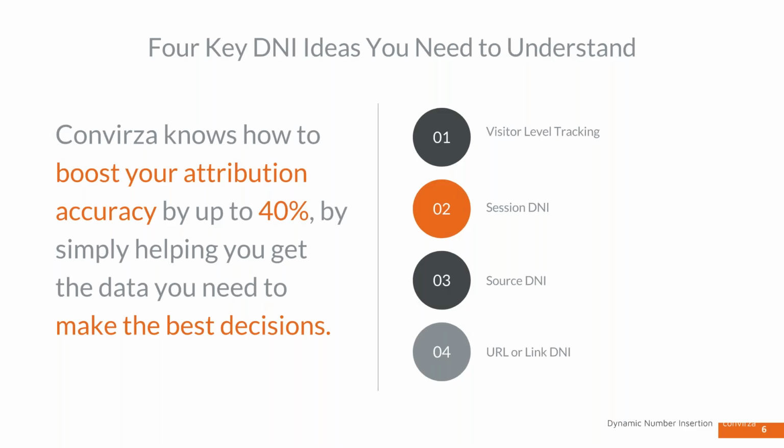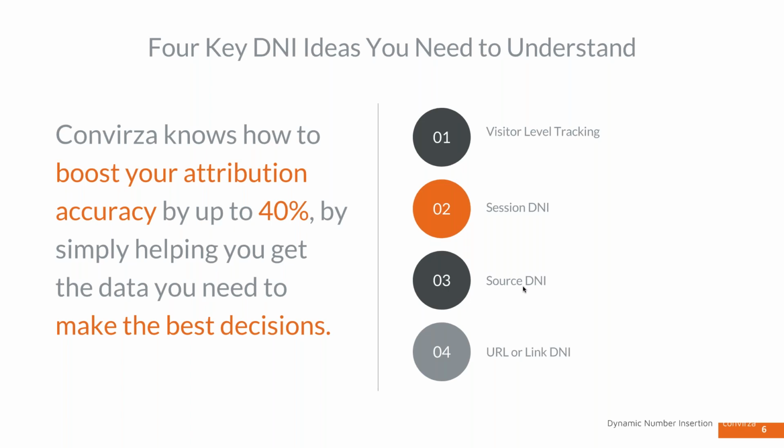The different things that you can do with DNI is there's kind of 4 different types of DNI that you can implement and swap numbers out on. So one is visitor level tracking, which I'll be specifically talking about today and give you more details. The more common type that probably most people are familiar with is source DNI. What source DNI does is it's just assigning a specific unique number to a referring source, right?